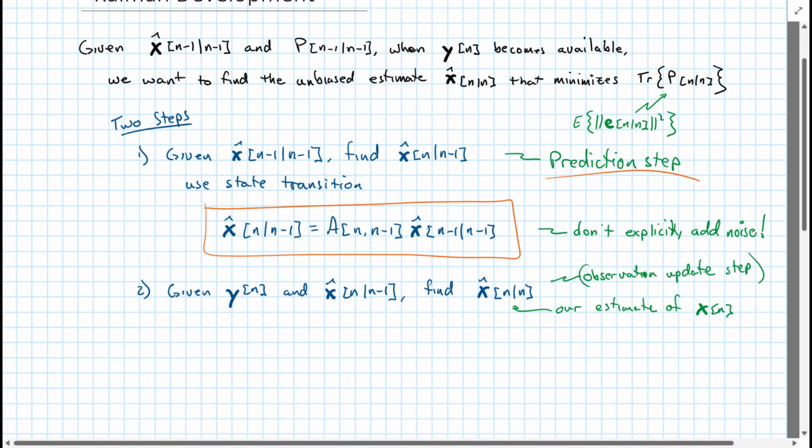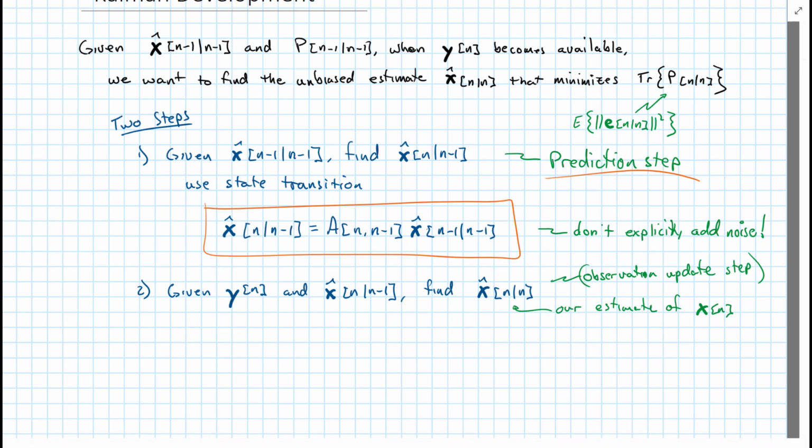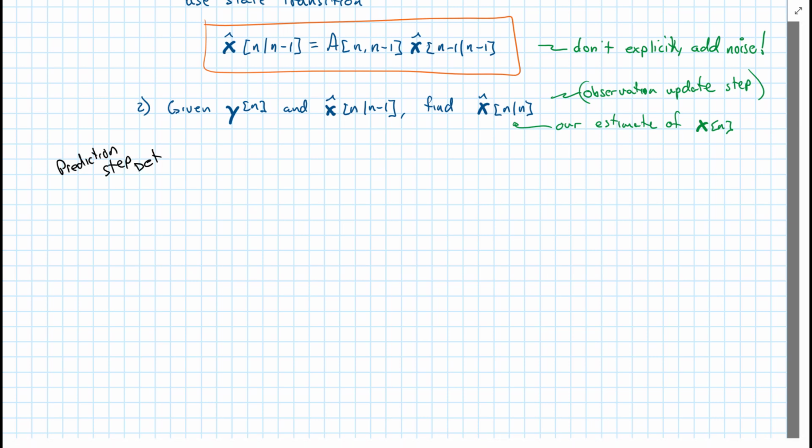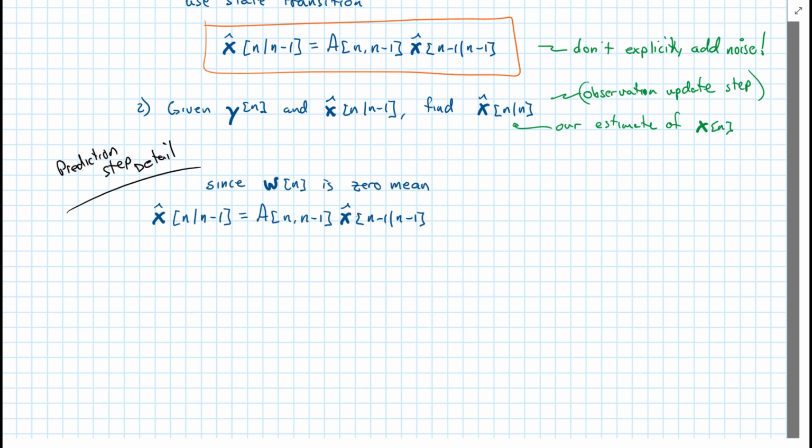Okay, let's dive into our prediction step detail. As noted above, since our process noise is zero mean, our estimate is best accomplished by simply taking our previous estimate and applying the state update equation to it.